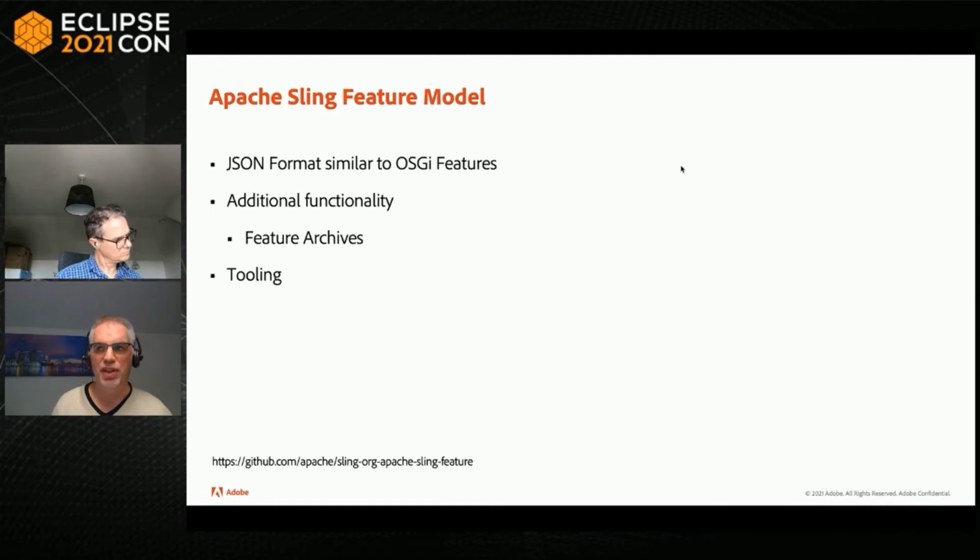And as David said, that was heavily used as input for the specification. But of course, we used already existing feature solutions from other projects as well. So not just Sling. So we came up with this JSON format, which is similar to the OSGi feature specification format.